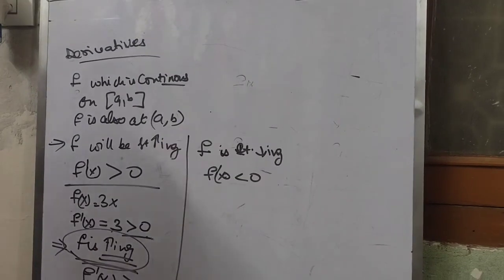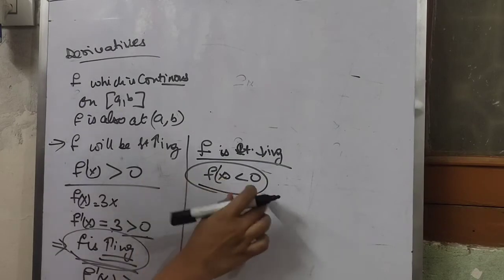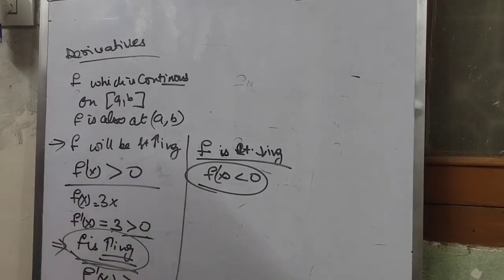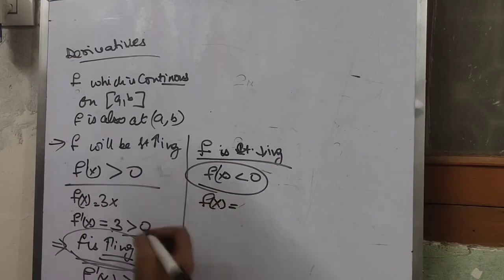Now coming on to when the function is strictly decreasing or decreasing. If I state that my f dash x is less than 0, then my function will be strictly decreasing. Again I'm taking an example: f(x) equal to minus 3x.